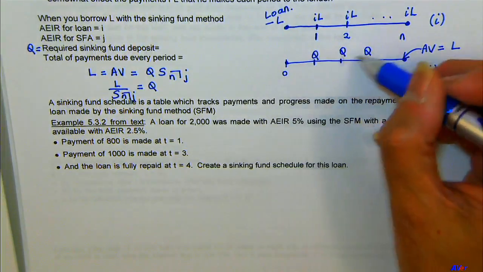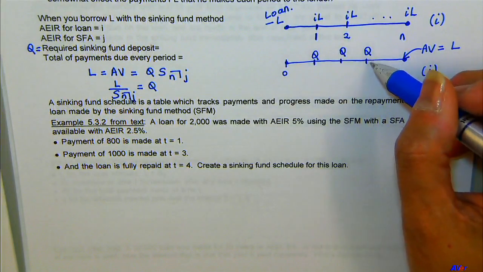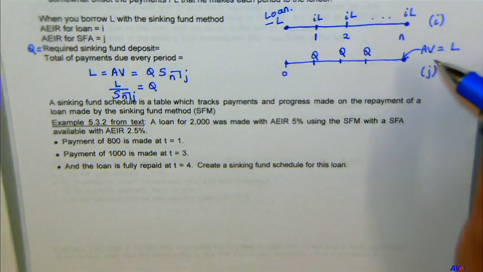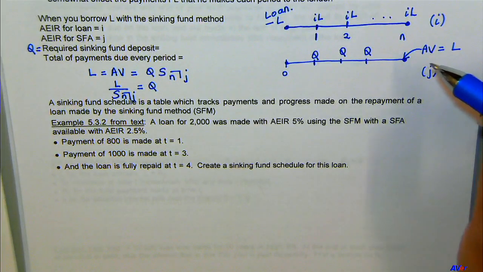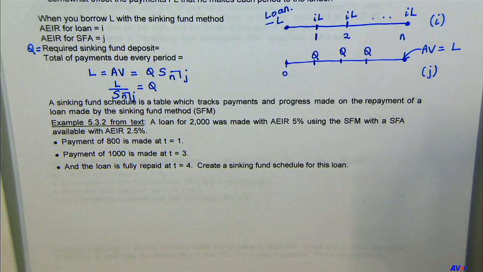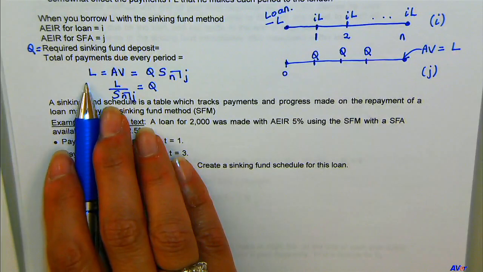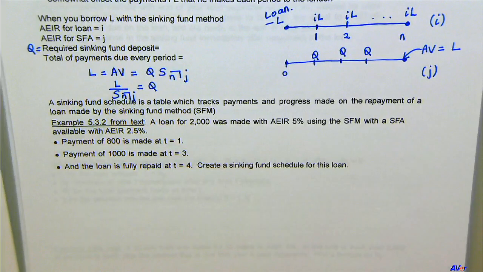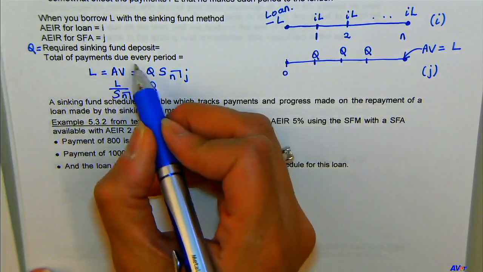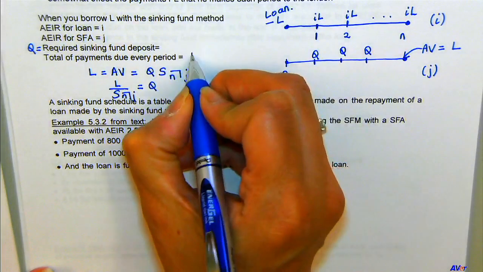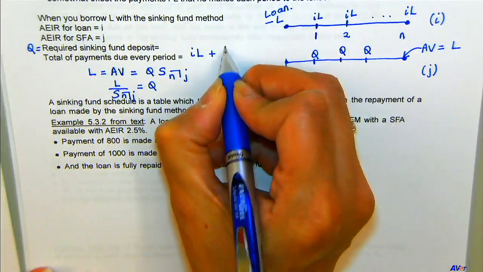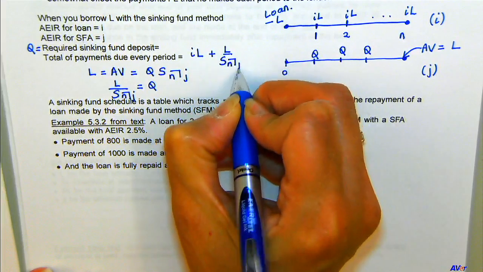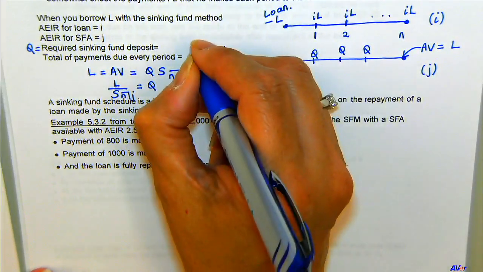So I'm saying what should be my payments into this account, into the sinking fund, such that these Q payments will accumulate to L at the end of the term of the loan at interest rate J, because the sinking fund is only earning J, not I. So I say L equals Q times s angle N J. Therefore, Q is equal to L over s angle N J. So the total payments due every period are IL plus L over s angle N J. This one is to the lender.